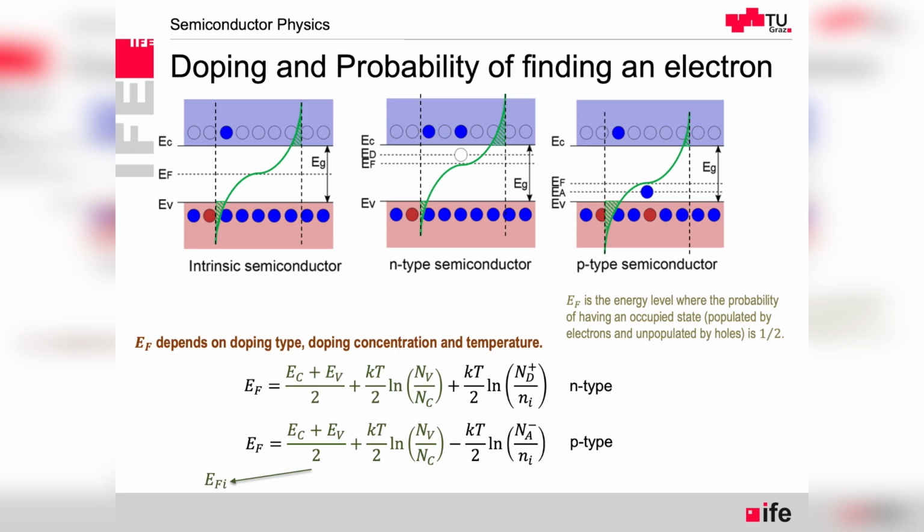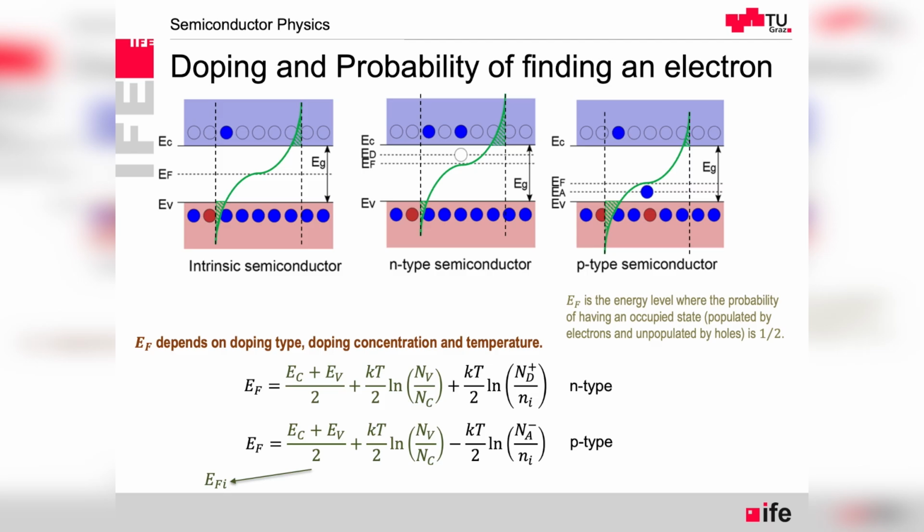In the case of acceptors, we will have the Fermi energy closer to the valence band because of these additional dopant atoms. So it's more probable to find a hole than an electron, in other words. And when we increase the temperature, the Fermi energy also moves towards the intrinsic level.